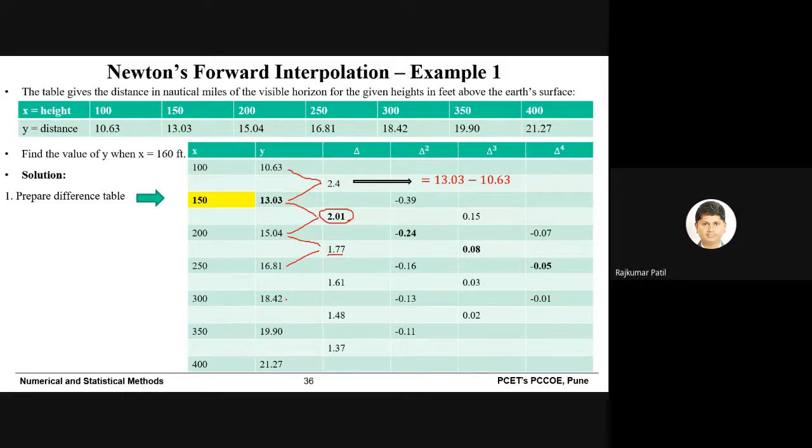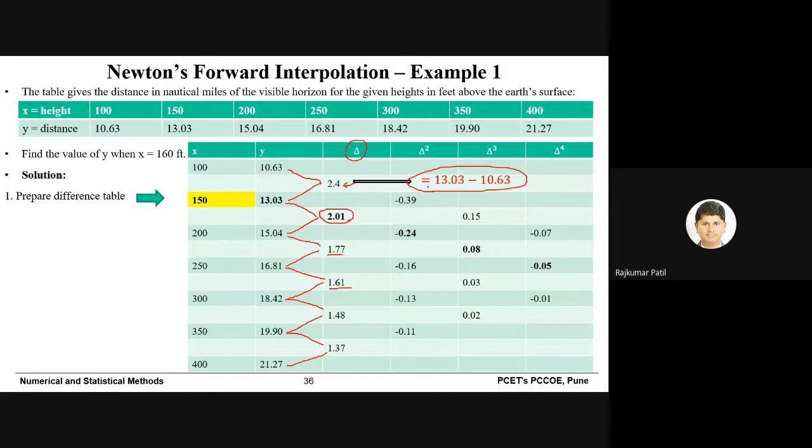And 18.42 minus 16.81, the answer is 1.61. 19.9 minus 18.42, you will get 1.48. Then 21.27 minus 19.9, the answer is 1.37. So this is how we take the difference between the values and prepare this del column. And I put one sample here so that you can understand how we proceed.